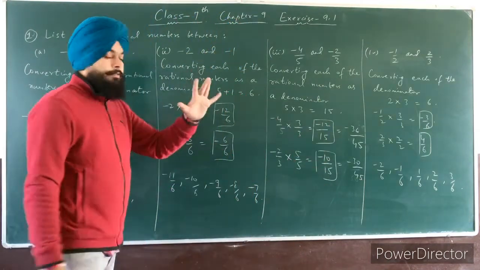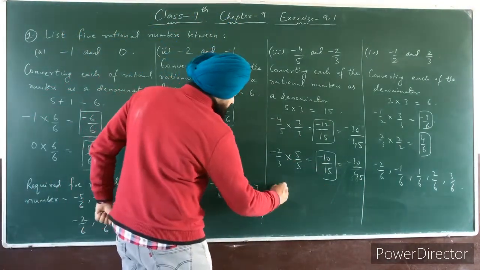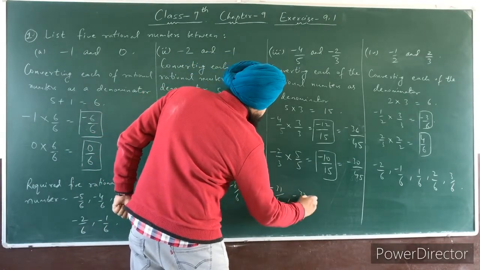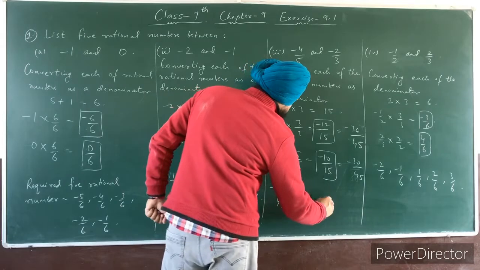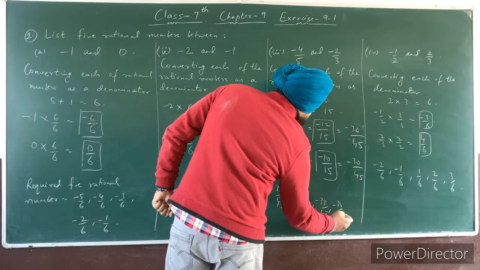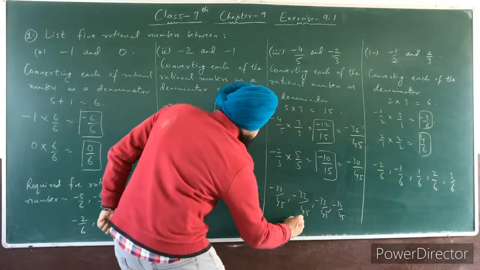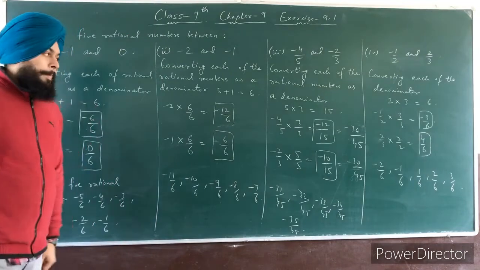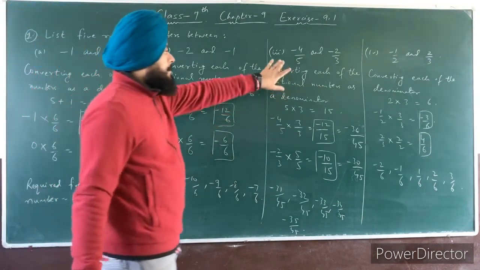So we have 5 rational numbers, which are -31 by 45, -32 by 45, -33 by 45, -34 by 45 and -35 by 45. Clear friends?